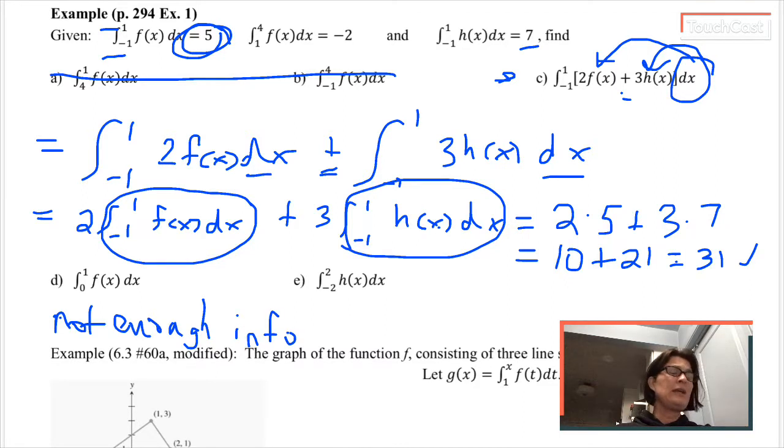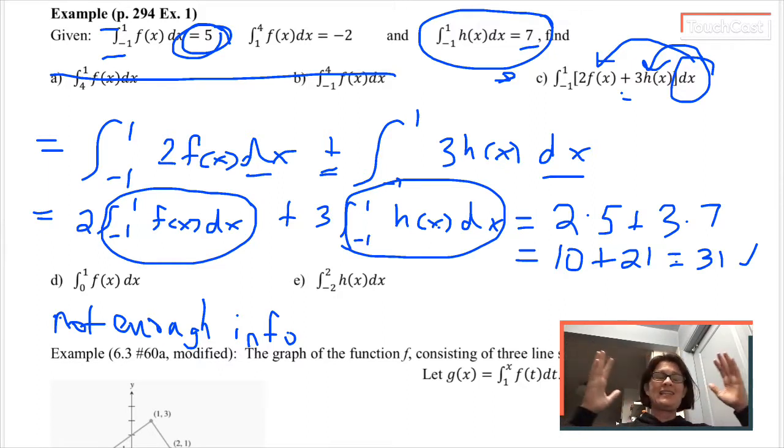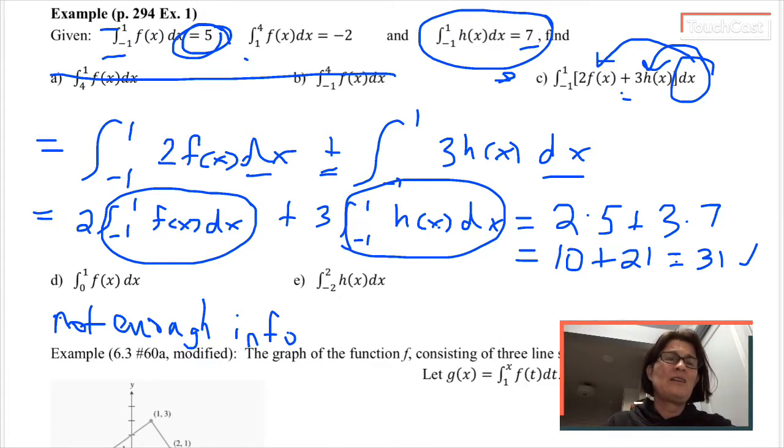Same idea with letter E. I know something about the area under h between negative 1 and 1. But just because I extend the interval out one space in either direction, I don't know anything about h's behavior to the left of negative 1 or to the right of positive 1. Except, yeah, I don't even know anything about h. I knew something about f.